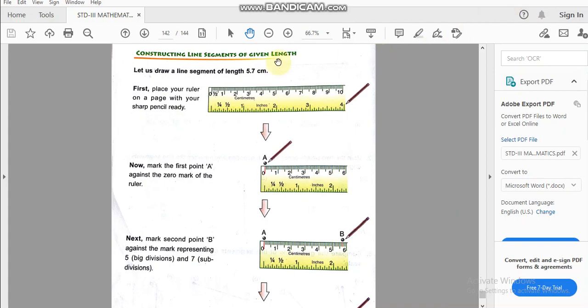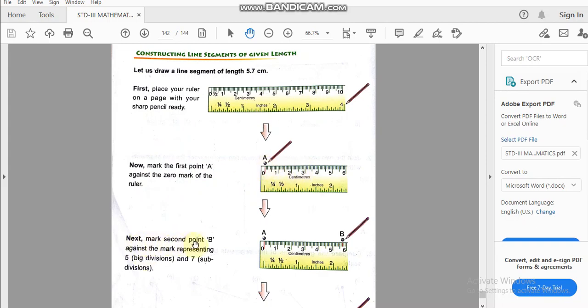Let us start the next section, constructing line segments of given length. Let us draw a line segment of length 5.7 centimeter. First place your ruler on a page with a sharp pencil ready. Now mark the first point A against 0 mark of the ruler.